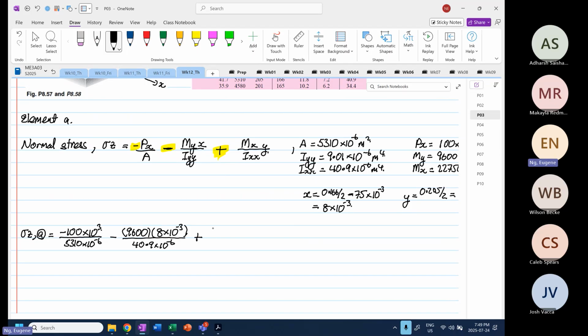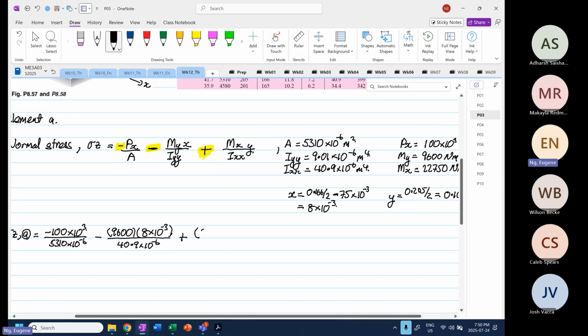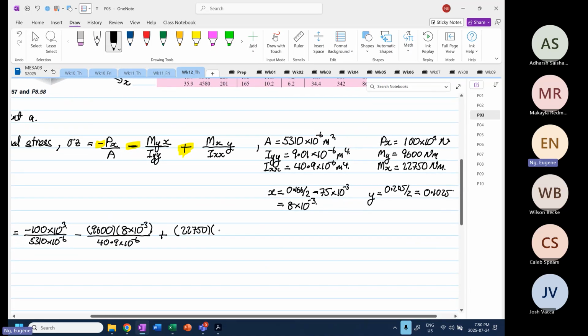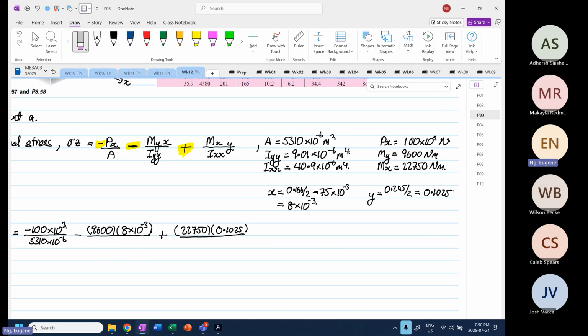And then we have plus Mx, which is equal to 22750, multiplied by y, which is equal to 0.1025, and then divide by Ixx, which is equal to... oh, I got the other one wrong. So this is Iyy. So Iyy is 9.01. Ixx is then 40.9 times 10 to the power minus 6.